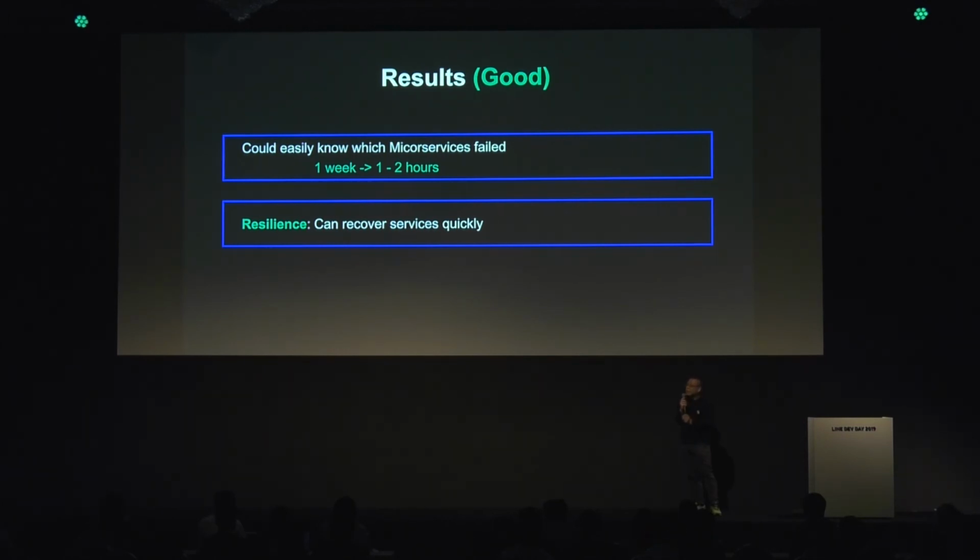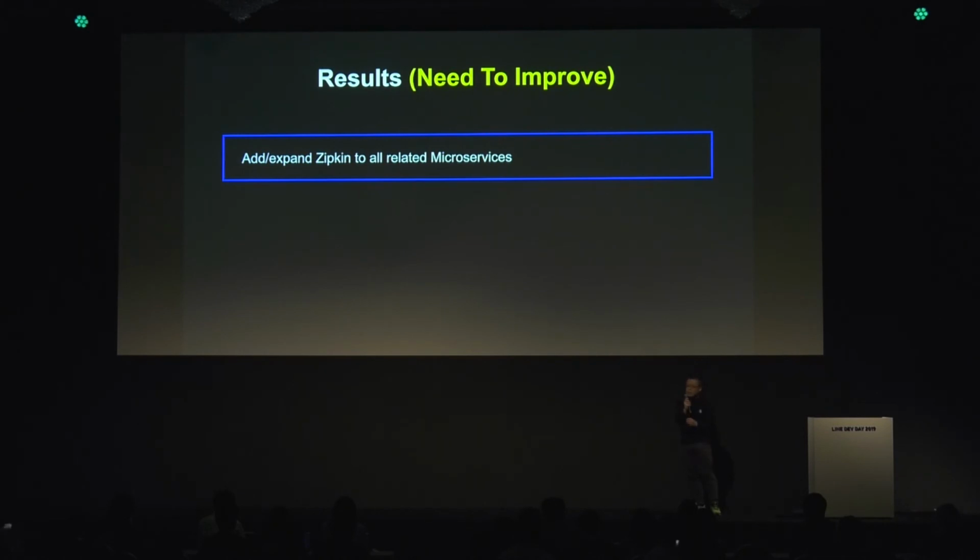However, it's not all rosy, because this was like opening Pandora's box in a sense. To make the report I showed you easier to look at, we had to include Zipkin information in all related microservices. Did you know how many microservices were in the back end of our services?